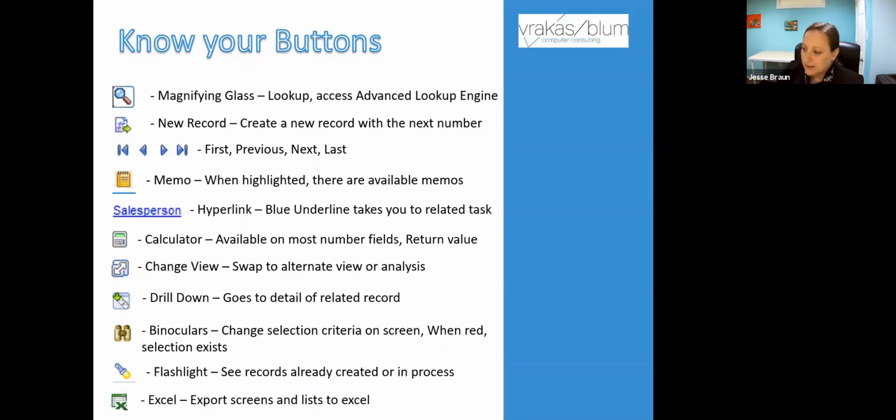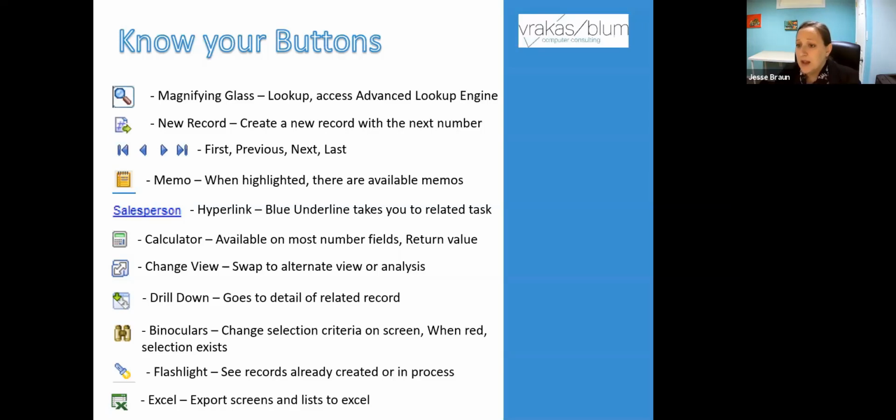We've got our binocular button. So the binoculars, they change the selection criteria on the screen that you're in. So for example, if you're in inventory under the transactions tab, when you click the binoculars button, it probably has a default that shows you just the current period's transactions.